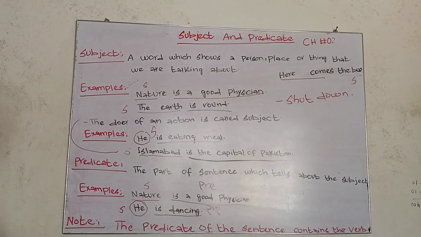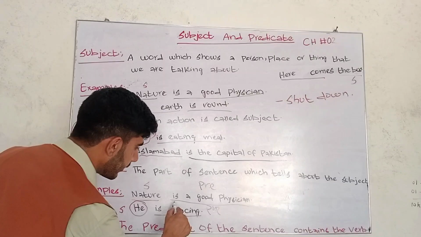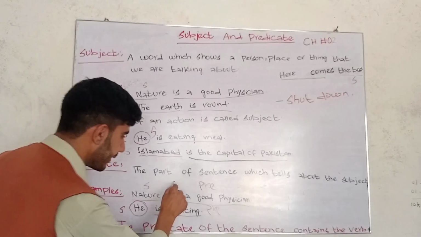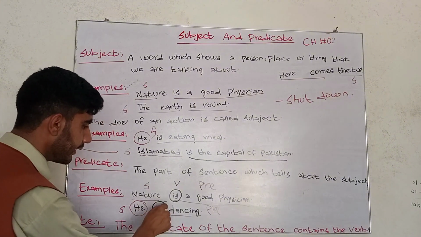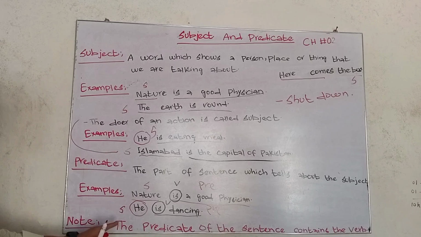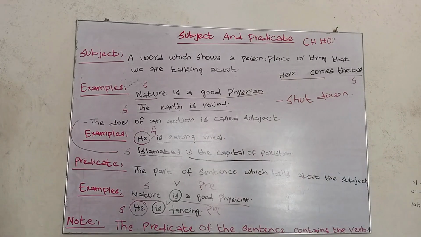In nature is a good physician, there is a verb, and in he is dancing there is also a verb. Without the verb, the predicate is impossible.